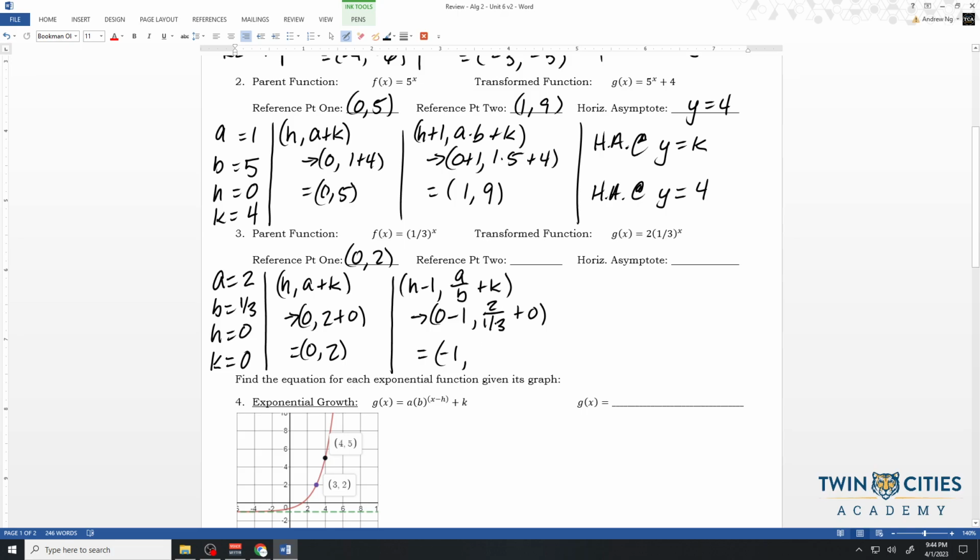Now here I've got 2 divided by a fraction, 1/3. If ever you divide by a fraction, you can think of this as multiplying by the fraction's reciprocal. So the reciprocal of 1 over 3 is 3 over 1, or 3. So 2 divided by 1/3 is the same as 2 times 3. That'll be 6. So 6 plus 0 is still 6.